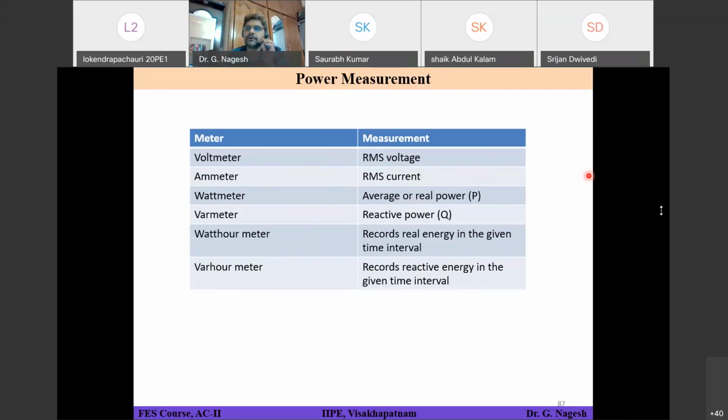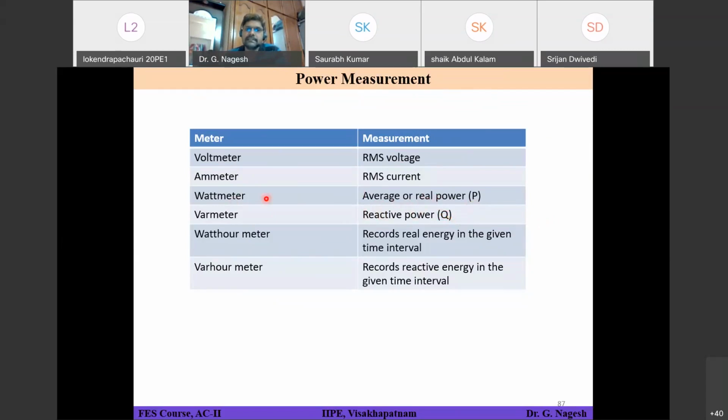Okay, so to measure power, what instrument is required? Wattmeter. A wattmeter always measures average power, that is, average or real or true or active power, whatever it may be.